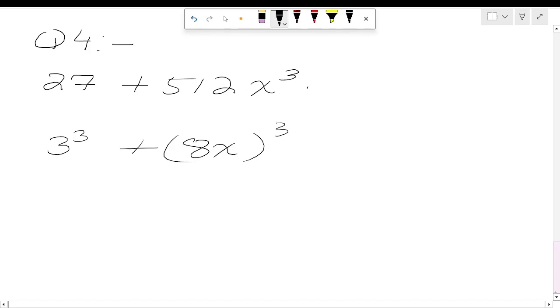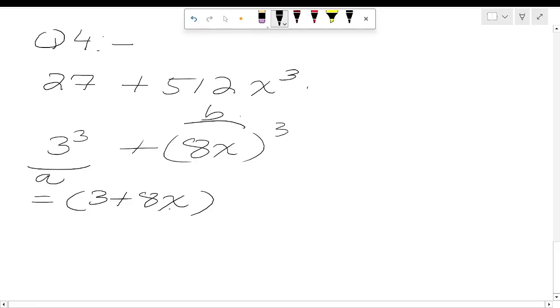Now we have this expression in the form of a cube plus b cube. We can easily use this in the formula. So 3 cube plus 8x whole cube will be equal to a plus b. So I'll write 3 plus 8x because 3 is a and 8x is b without the cubes. Then I'll write a square plus b square minus ab.